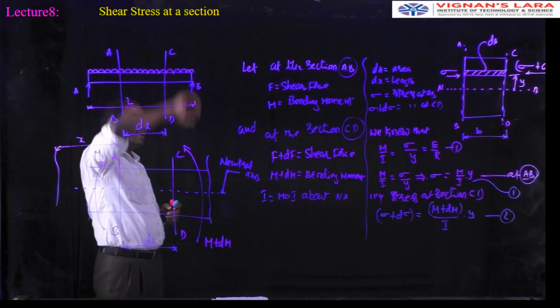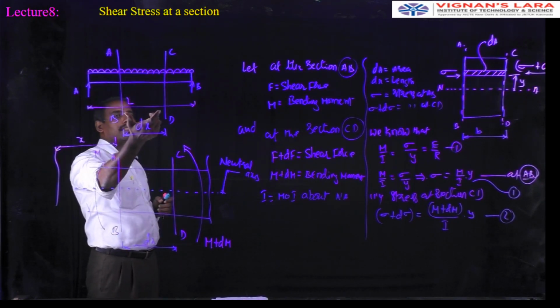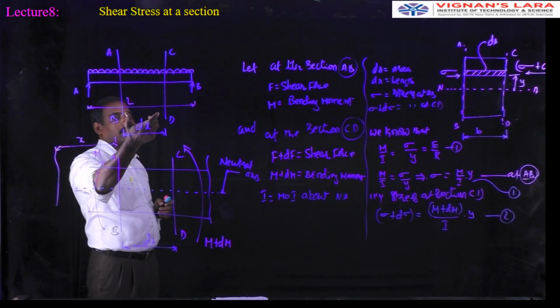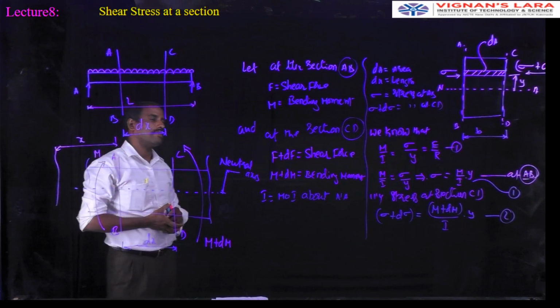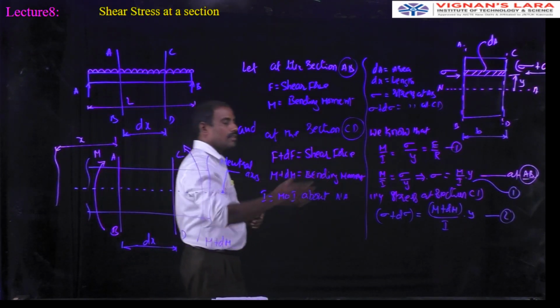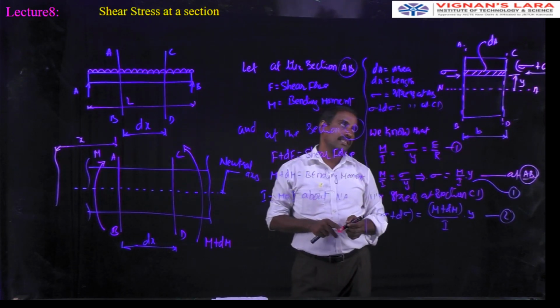Very simple. We have to calculate the net shear force, or the net resistance offered by the particular portion. For that, we know the stress at section AB as well as section CD.